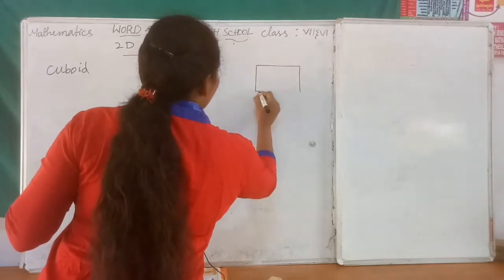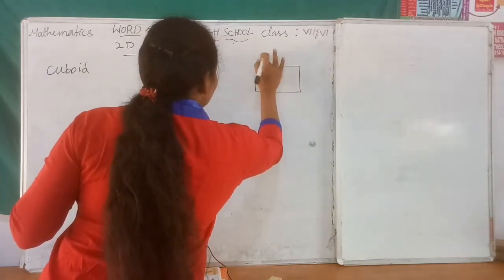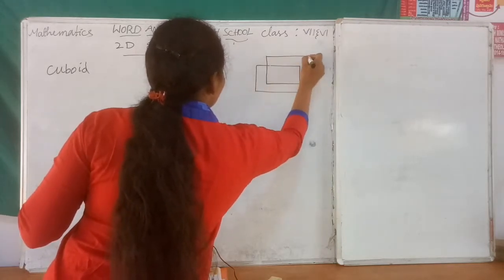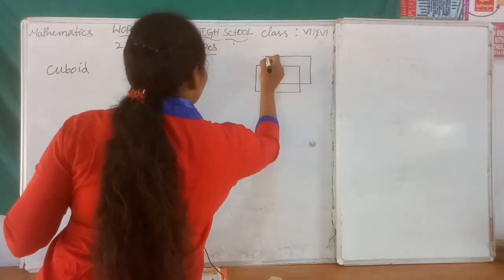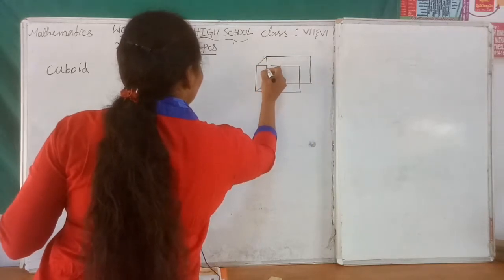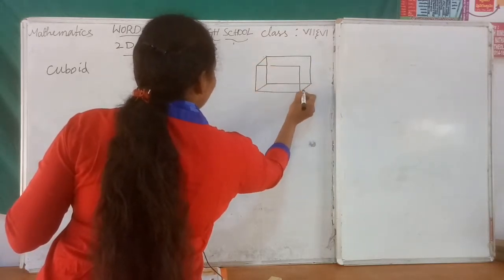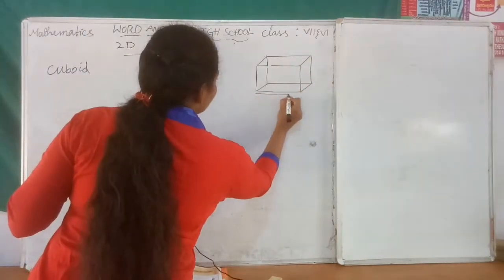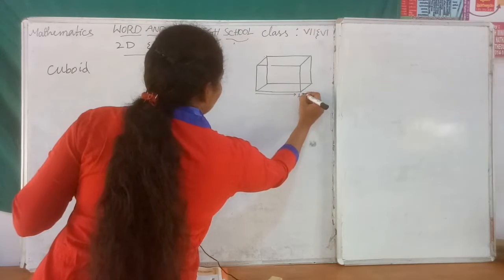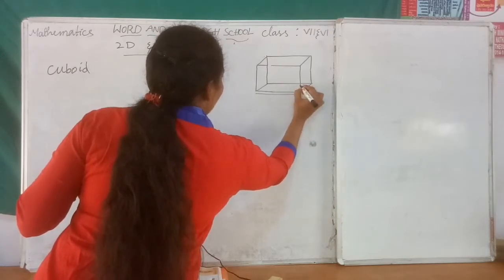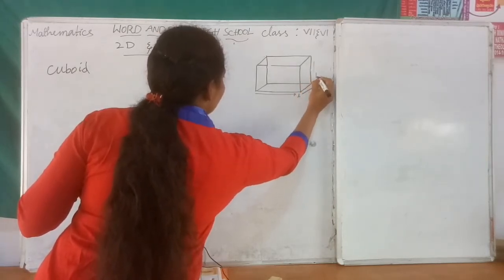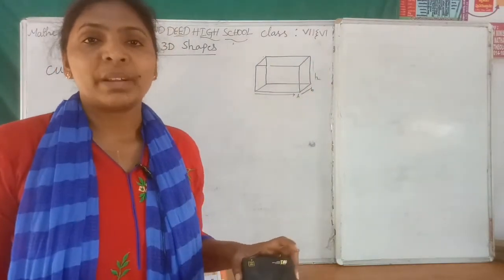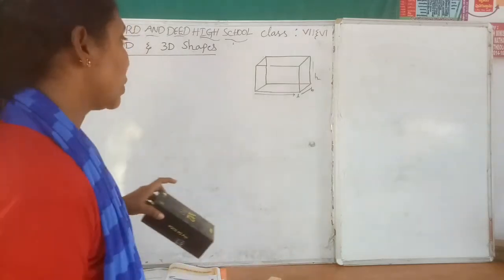Like this. You can take 1 rectangle. Okay, so length, breadth, height. So 3 dimensions we can take, children.